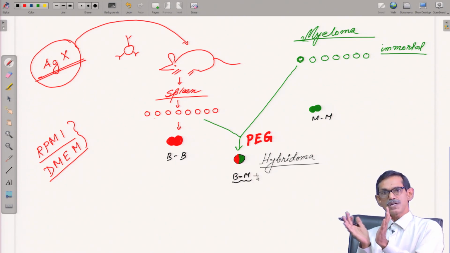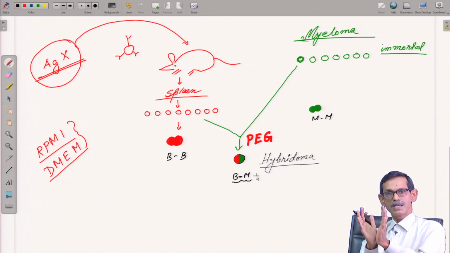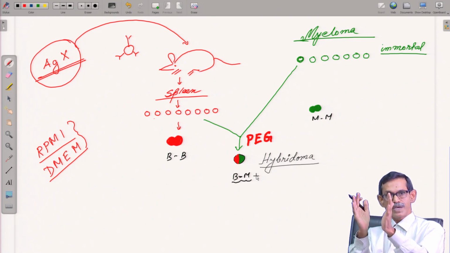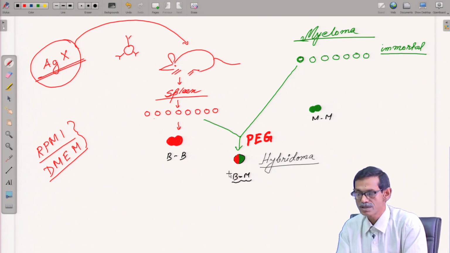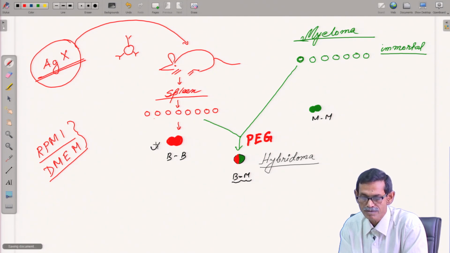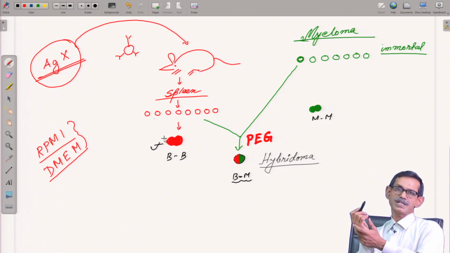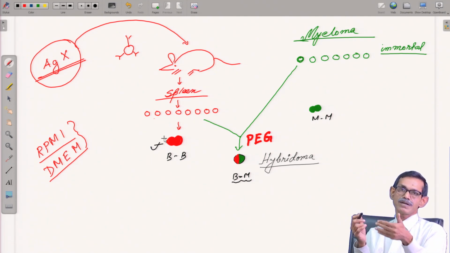So, in the mixture of myeloma fusion, B cell fusion and B cell myeloma fusion, we have to select only this one, because we do not need these two. To get rid of these, it is not a big deal, because they are not going to survive after a few cycles anyway, they are going to die.